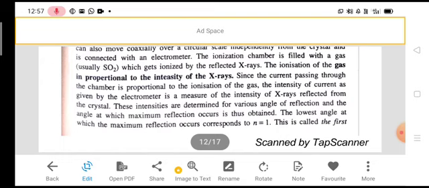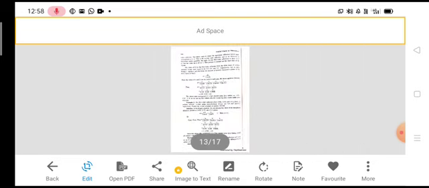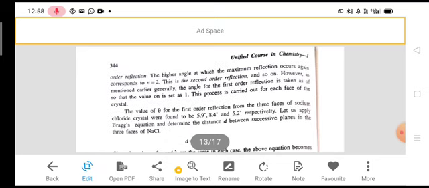So we need the angle at which maximum reflection occurs. The lowest angle at which the maximum reflection occurs corresponds to n equal to 1. This is called the first order reflection.